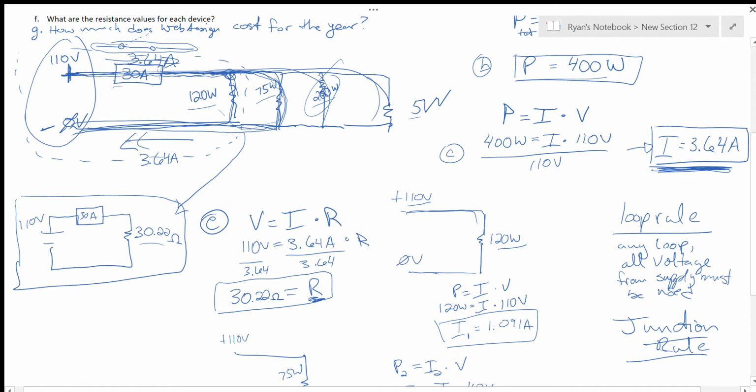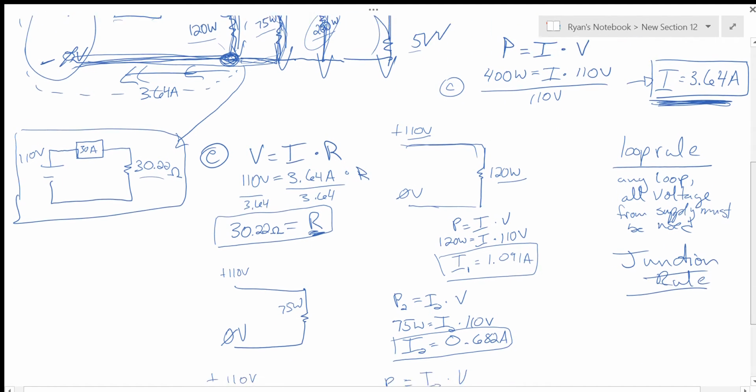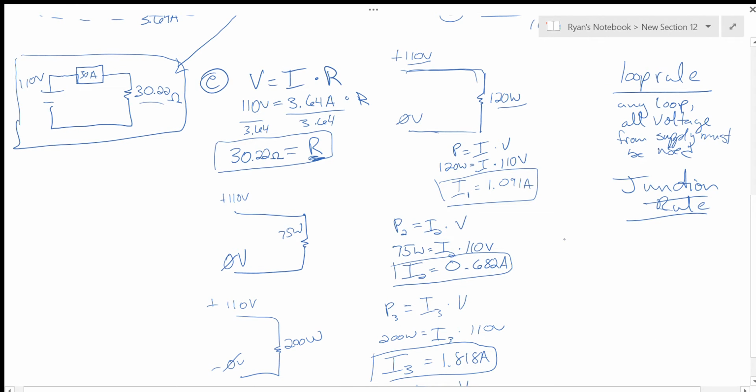The junction rule says at a node, like an intersection of wires, any current that comes in needs to be equal to the current that comes out. 3.64 needs to be equal to 3.64, which means all of these individual I1, I2, I3, I4 paths better all add up to I total.